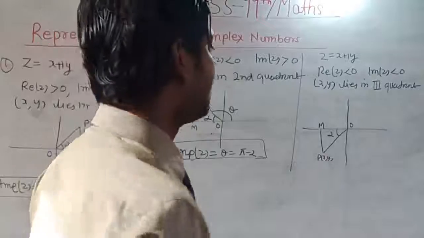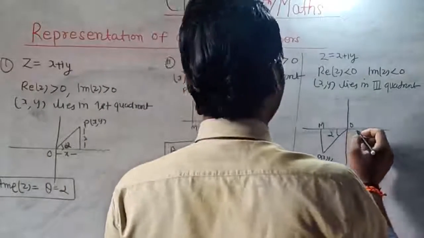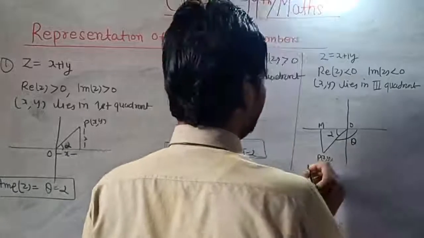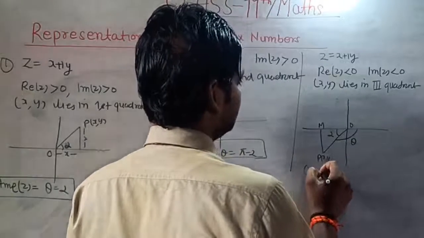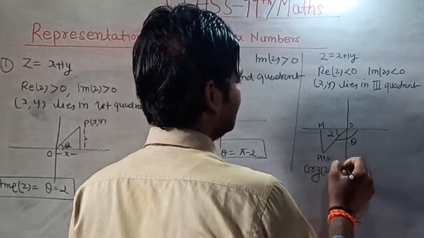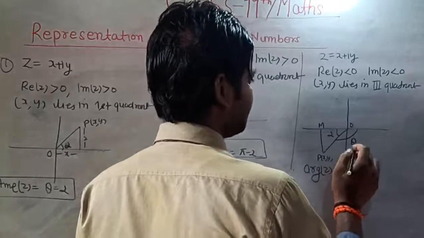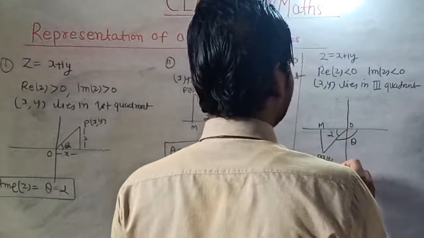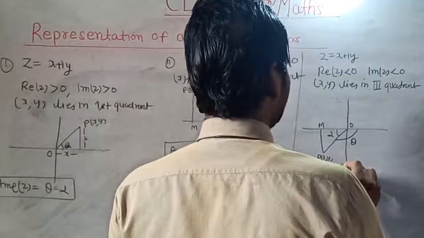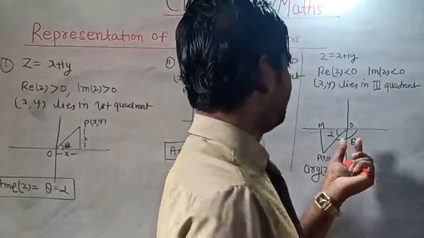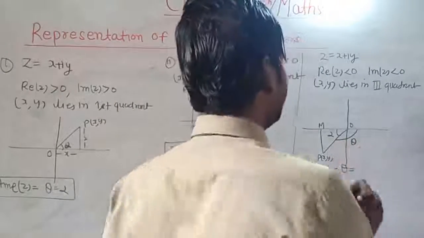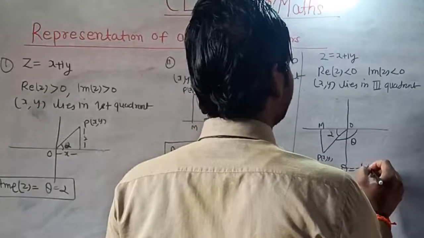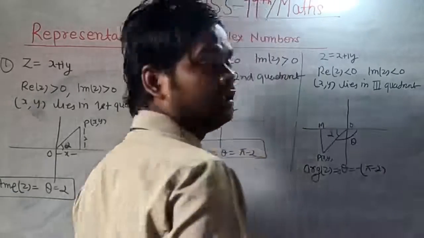In this case the argument of z is minus theta, so theta becomes minus pi minus alpha.